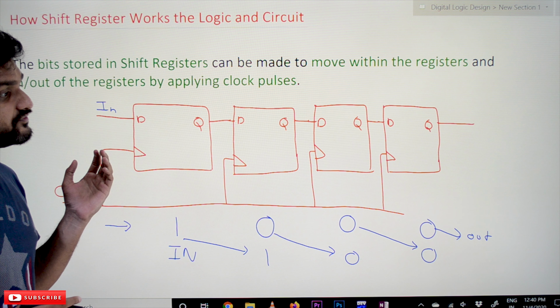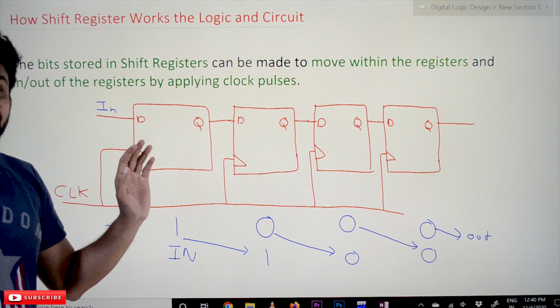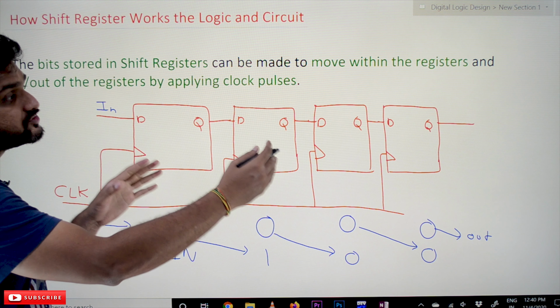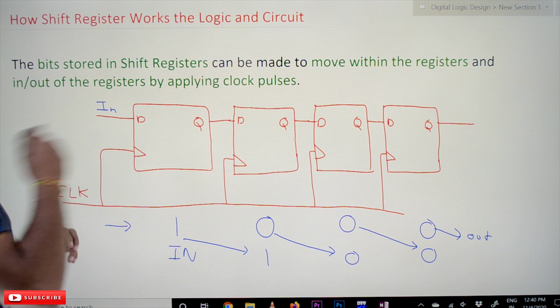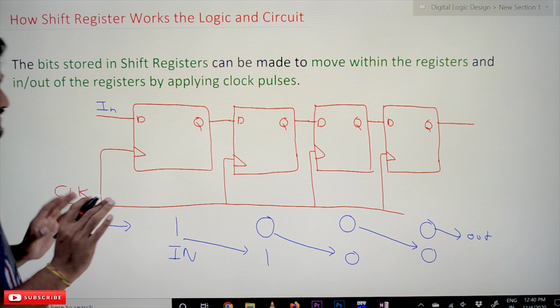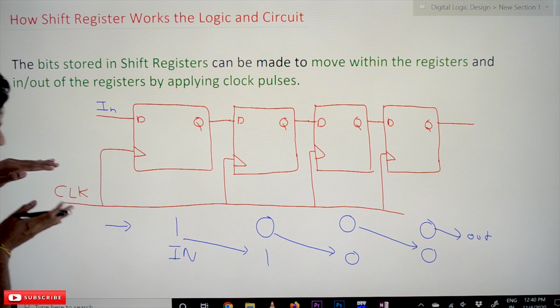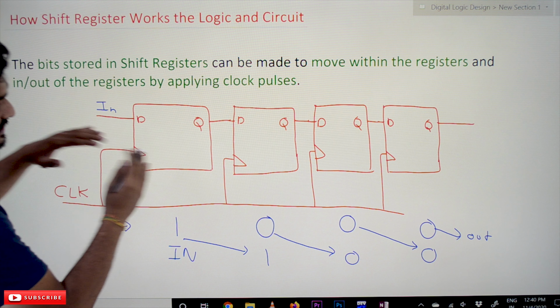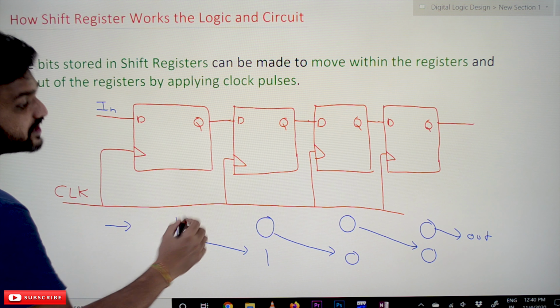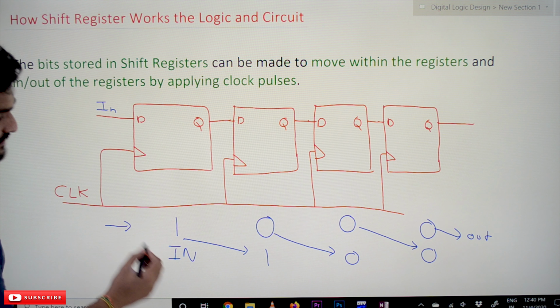As the values are moving to the left, it is a left shift register. If the values are moving to the right, it is a right shift register. Now whenever another clock pulse is generated, what happens in the shift register?